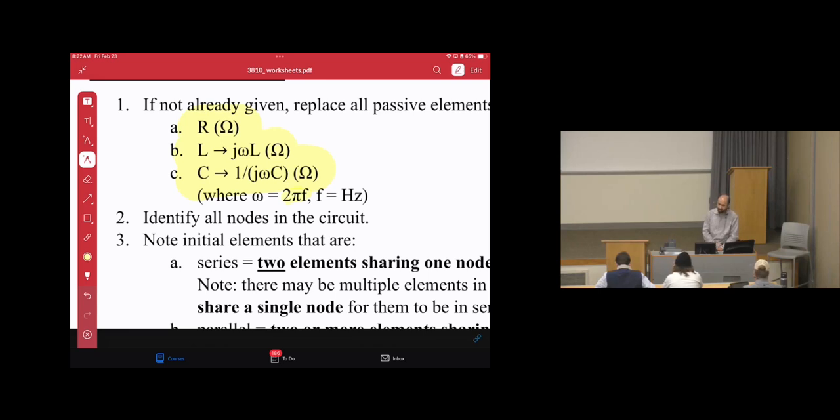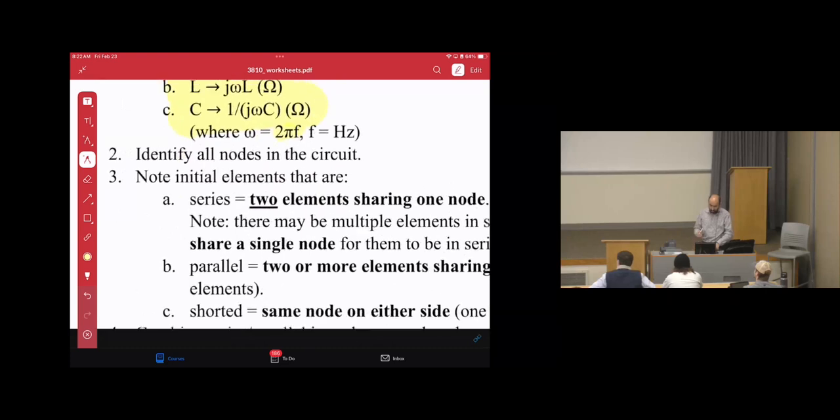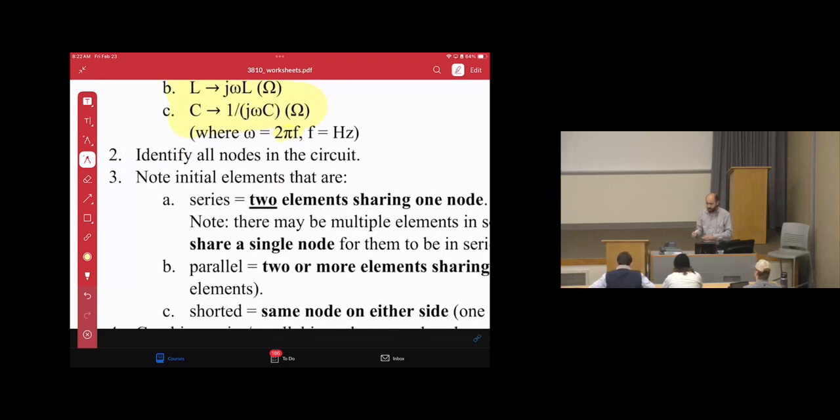If it is not given, assume the frequency is 60 Hertz. Sometimes it can be given in a direct way, this is the frequency, or it can be given in an indirect way. So make sure to read the question carefully. Again, if the frequency is not given, assume it's 60 Hertz, then omega will be 2 pi times 60, which is 377.